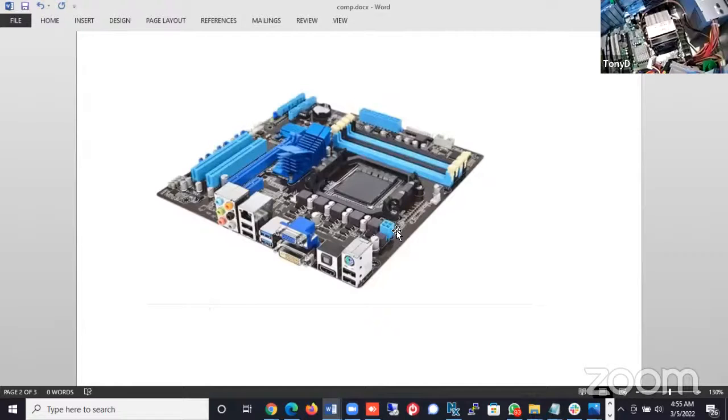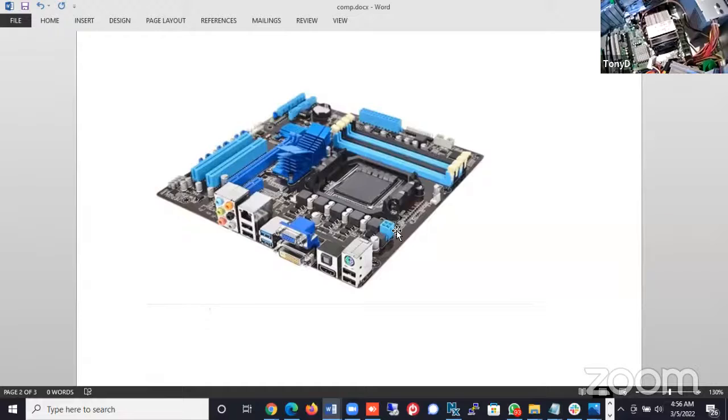It is very important. You can't see a motherboard and say that the motherboard is called the CPU. But what you can say is that the CPU is also connected to the motherboard, because me and you came to an agreement that all the components of the computer are all connected to the motherboard.